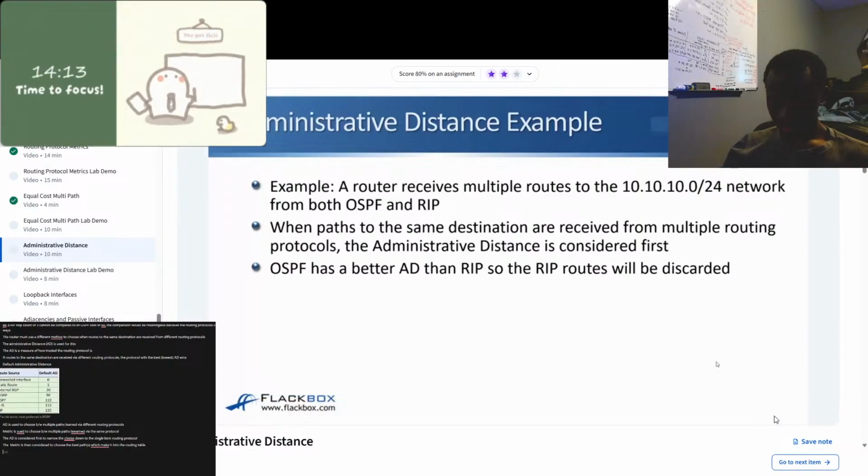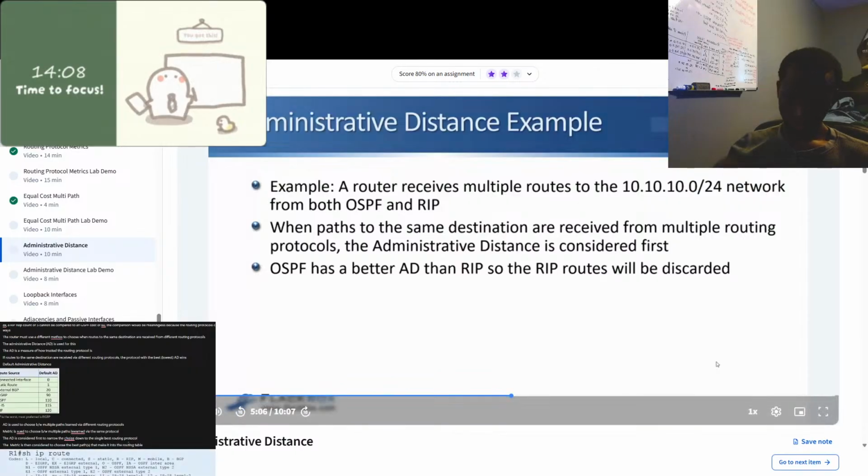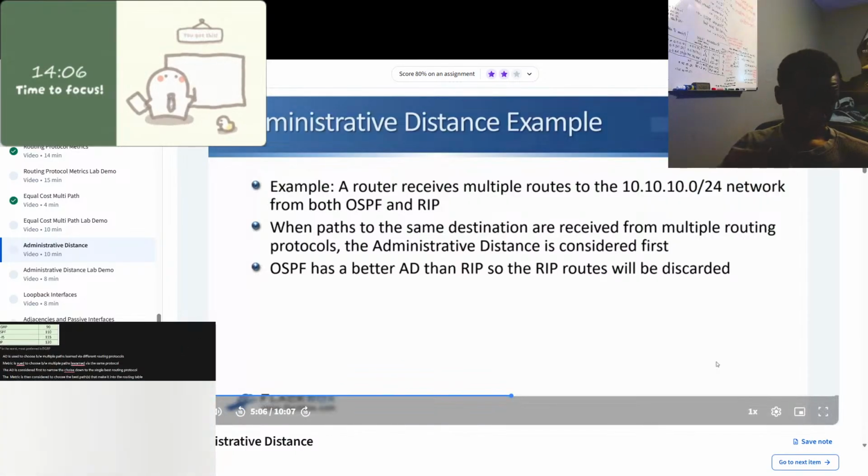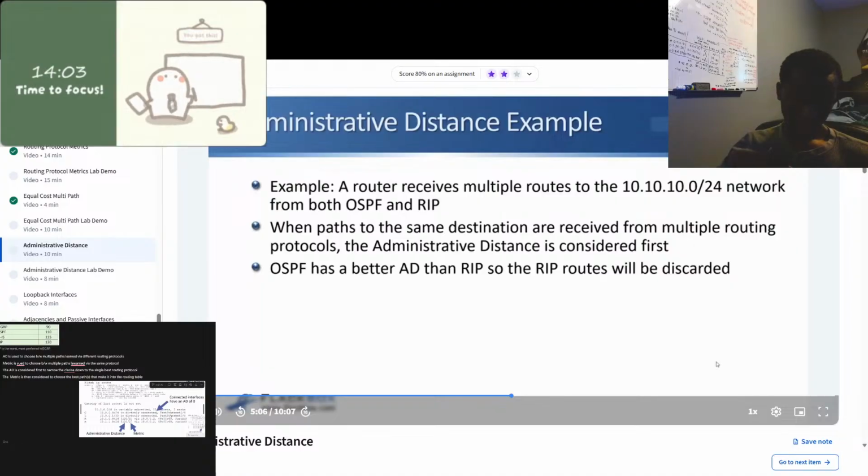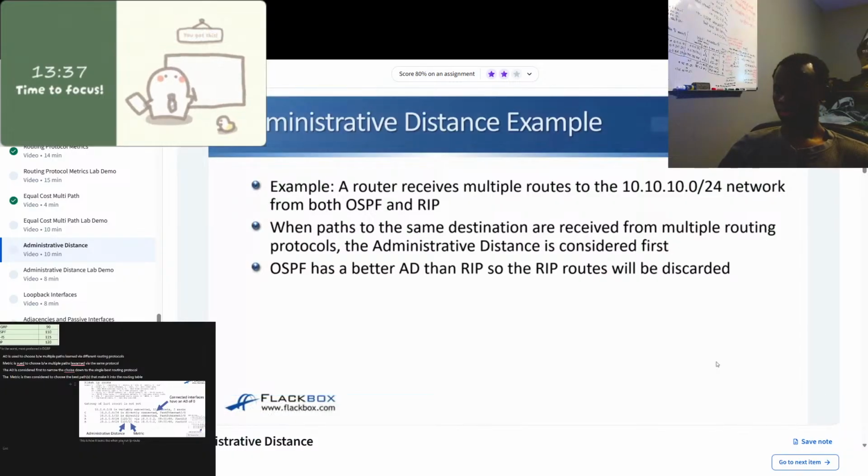So let's talk through an example. Let's say we've got a router and it receives multiple routes to the 10.10.10.0/24 network, it receives those routes from both OSPF and RIP.